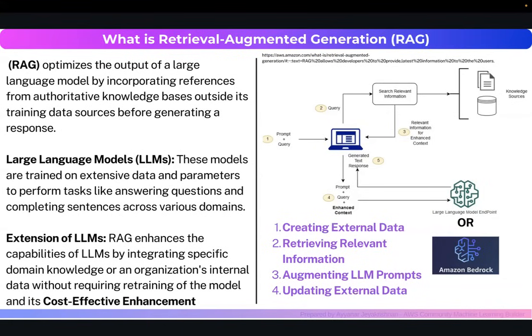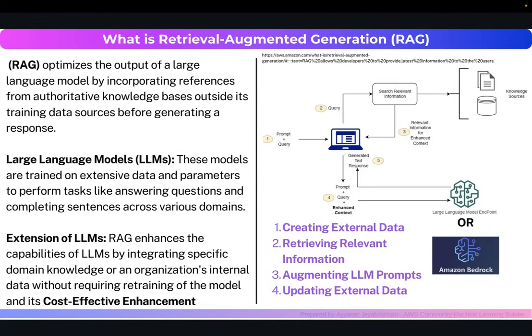Here the large language model, or generative AI, is revolutionizing multiple industries. But large language models come with their own challenges, particularly hallucination and knowledge cutoff. But retrieval augmented generation will really help us overcome a few of these challenges.